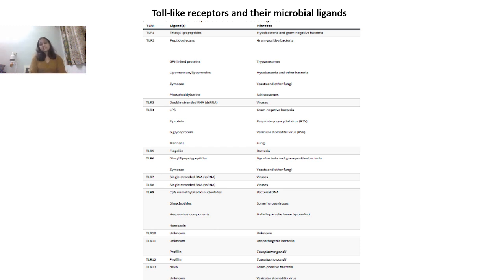It is recognizing some molecule at a general, whole molecular level. So under gram-negative bacteria, it can recognize the whole lot of bacteria by just sensing the LPS. So you can understand how broadly these receptors can recognize.